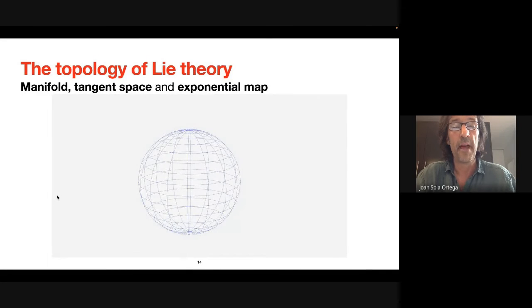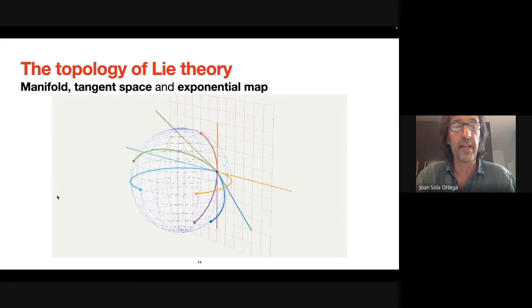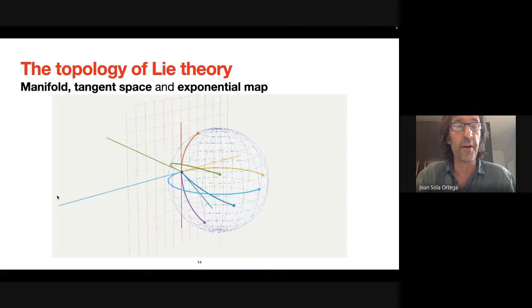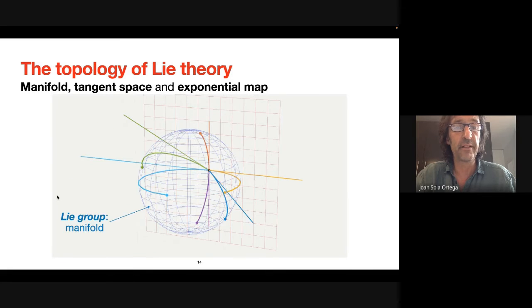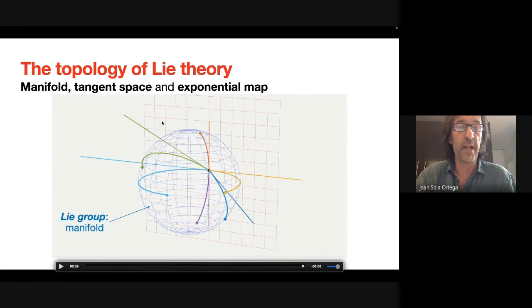And then I can define the identity element. I can put a tangent plane on this point. I can define vectors on this plane, and I would like you to recognize this 3D drawing because it's very powerful to understand what we're talking about.